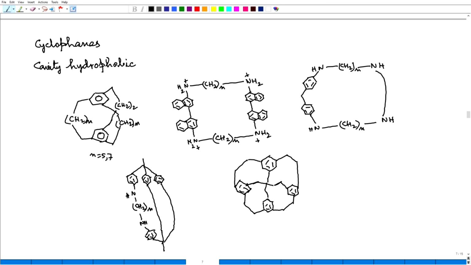So, this is also another very interesting 3-dimensional compound, and it has no choice. It cannot form any protonated form, because there is no nitrogen to protonate. However, it has a 3-dimensional cavity and almost circular.